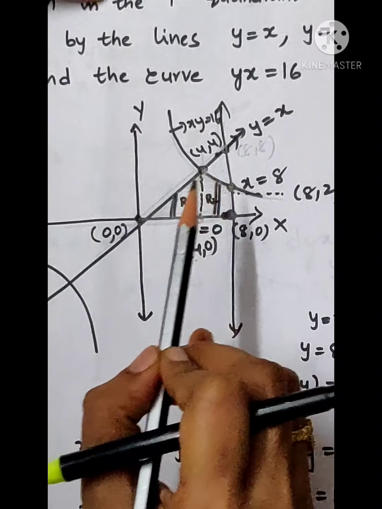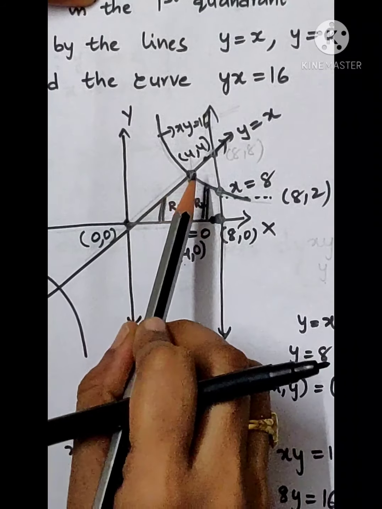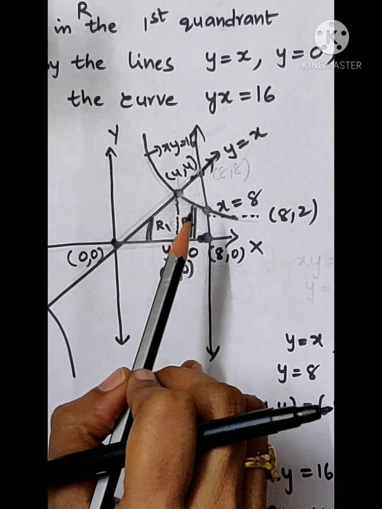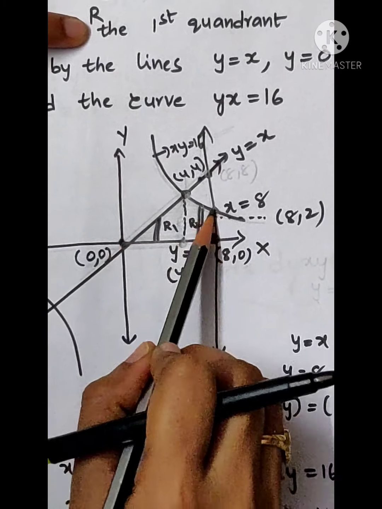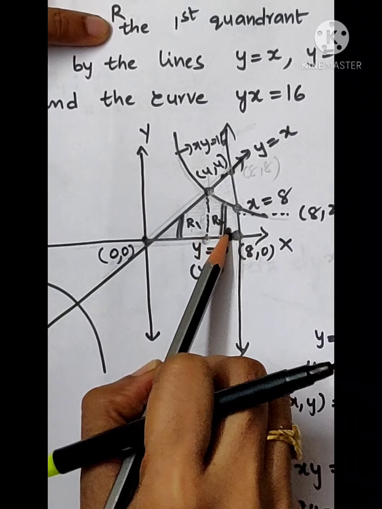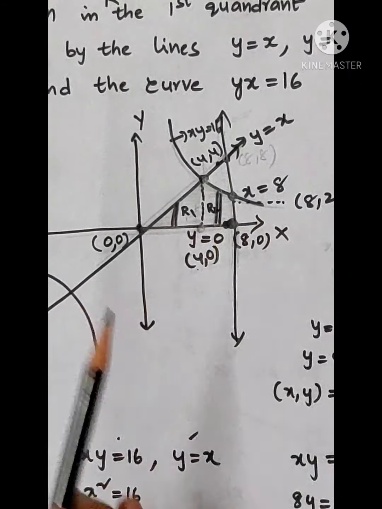That's why we divided the region of integration into two parts. So evaluation of the double integral over the whole region means evaluation of the integral over R1 plus R2.